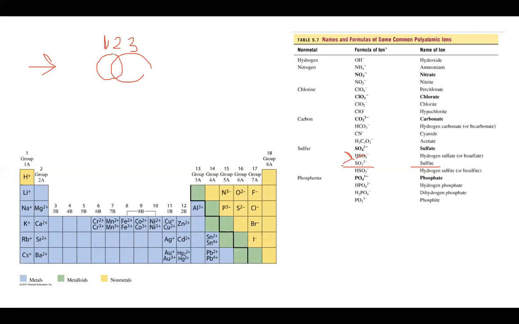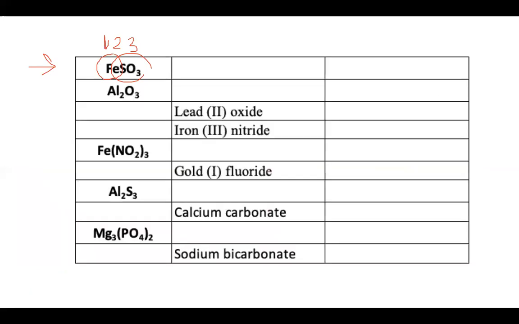So if SO3 is sulfite, and Fe is a metal, and we have 3 different elements, we can define that this is a tertiary salt, okay, because we have a metal and a polyatomic ion, okay?